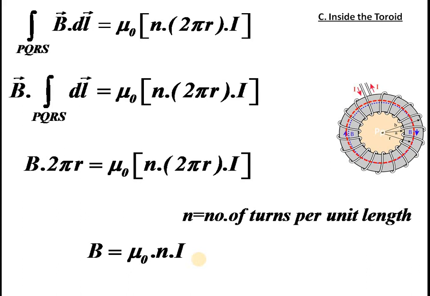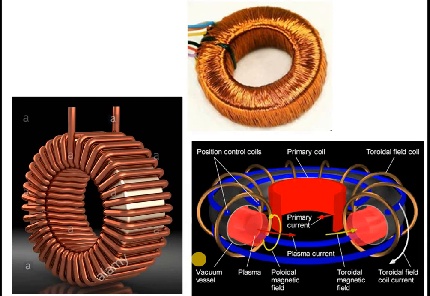So this makes it clear that both for a long solenoid and for a toroid, the magnetic flux density within the coil is constant. So this is an easy technique to create a heavy magnetic field for various applications. There are numerous applications for toroids in science and technology. For example, in nuclear fusion reactions, high temperature plasma is contained in such a toroid.